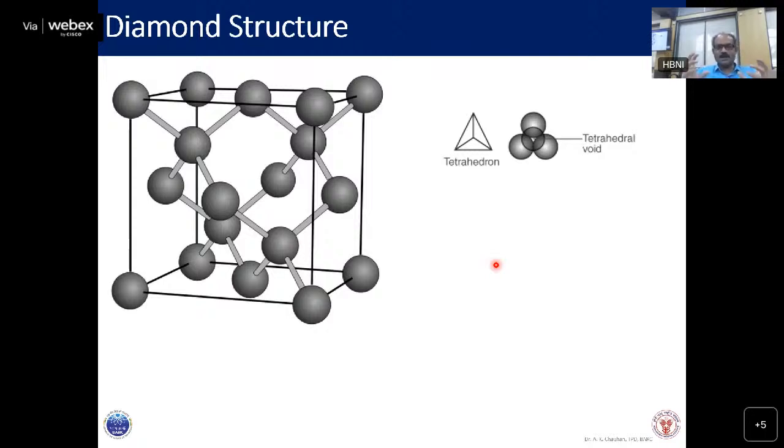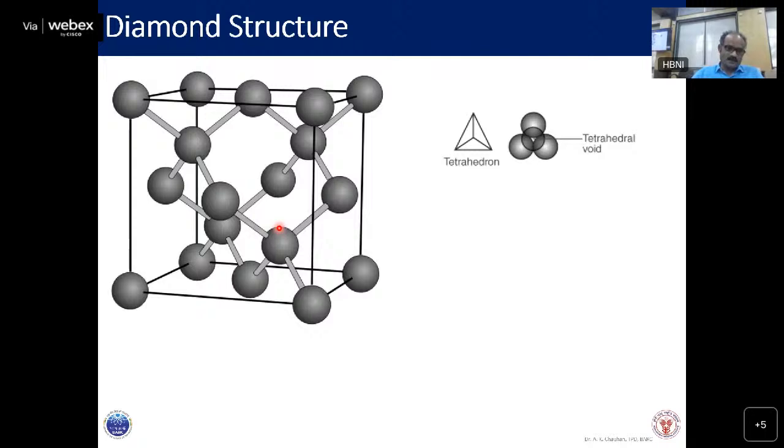Just imagine you have an FCC structure and another identical FCC structure, and you have just inserted that structure inside the first structure, diagonally moving the origin by 1/4, 1/4, 1/4.